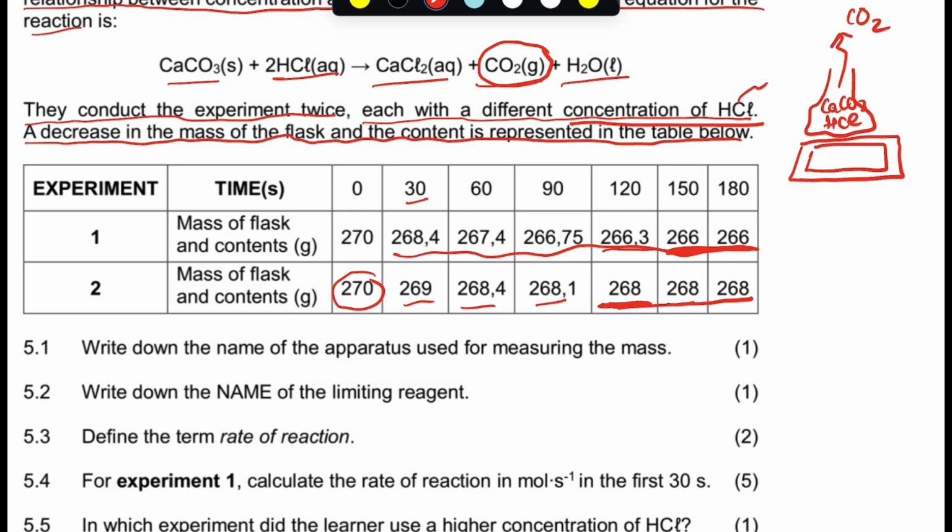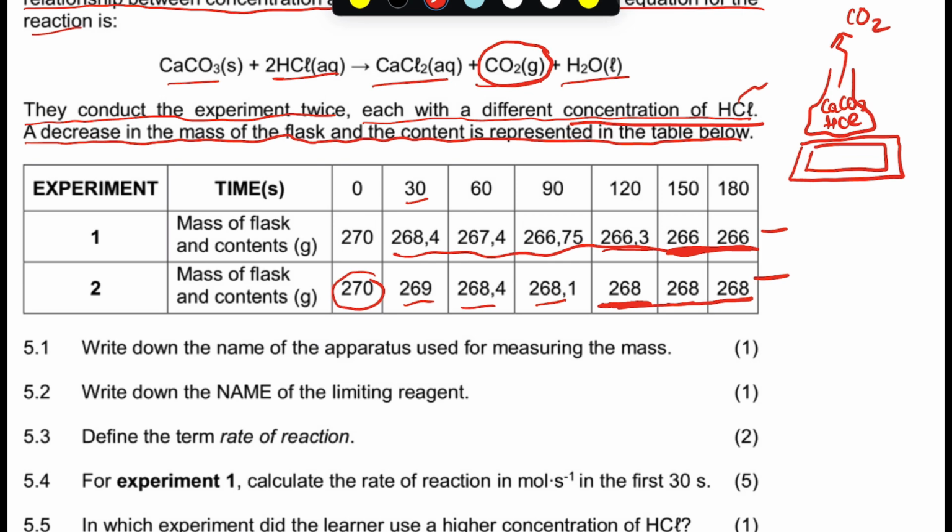Now, guys, as you can see in these 2 trials, there was a change in concentration of HCl. So you can easily see which one was done at a higher concentration of HCl.